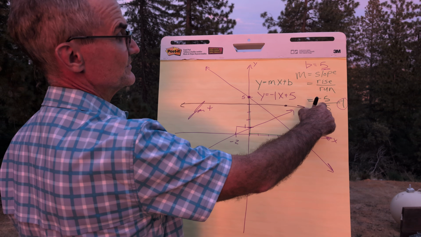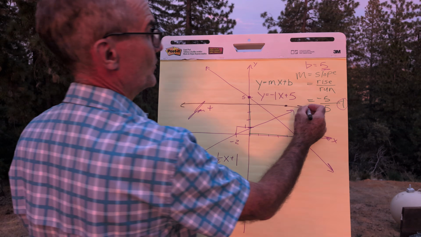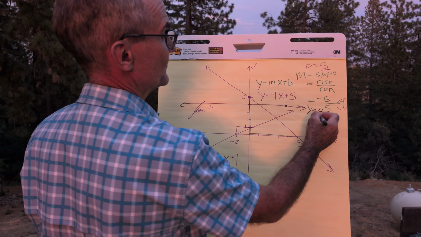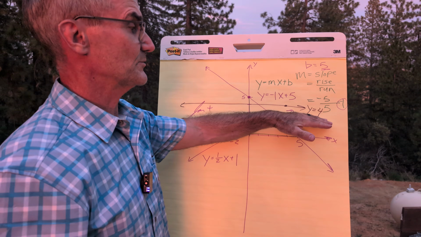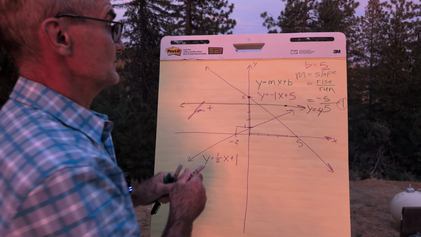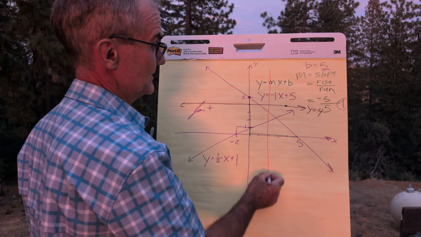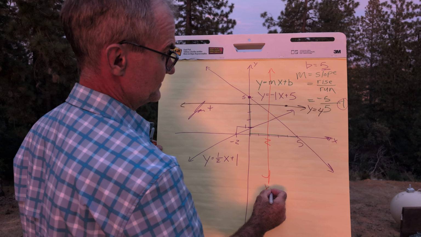This is 7, 4, -3, 4. Anywhere on here, y is equal to 4. So the equation of a horizontal line will always be in terms of y, versus the equation of a vertical line right here, let's say through 2, is going to be x equals 2.